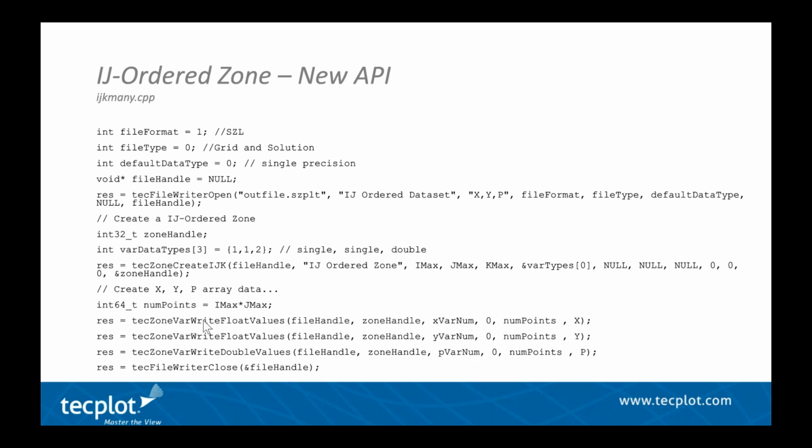You can see that I'm calling write float values and then write double values for the solution variable. One thing to note about the TecIO API is that it is one based when it comes to the zone numbers and variable numbers. And then finally, we close the file.